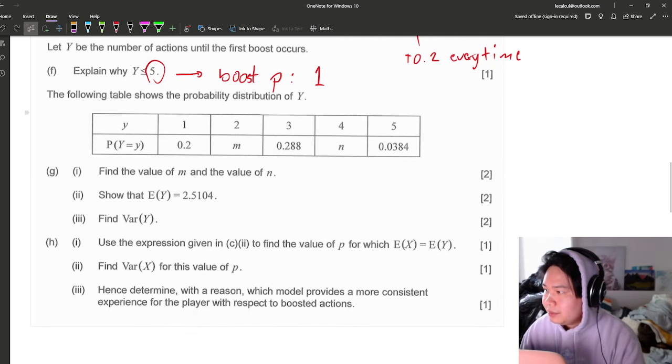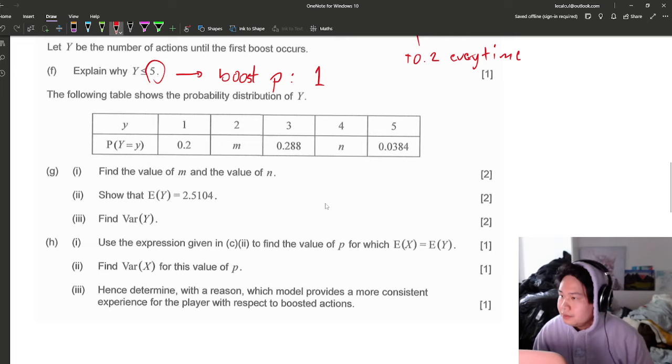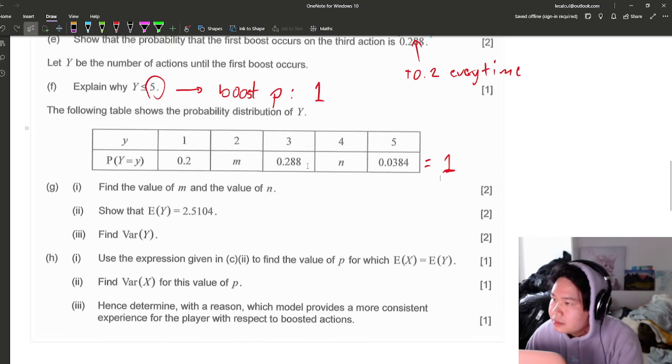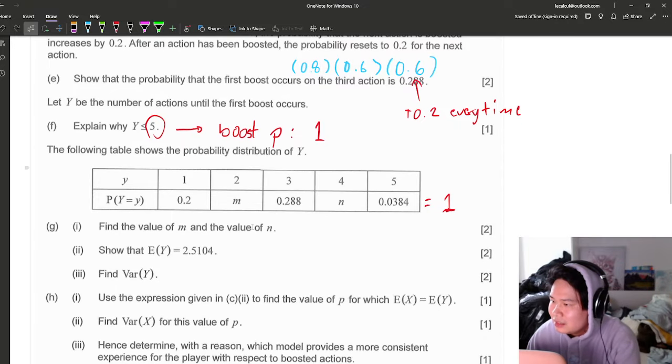Okay, the following table shows this probability distribution. Find the value of m and n. Okay, that's very standard. Basically, we know that the sum of these probabilities is 1. Actually, do I even need to do that?